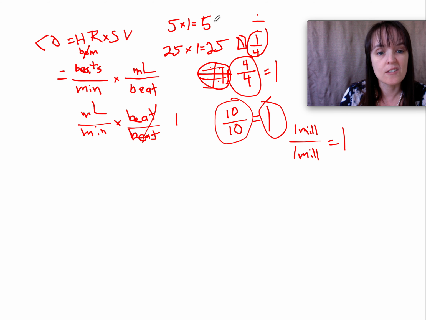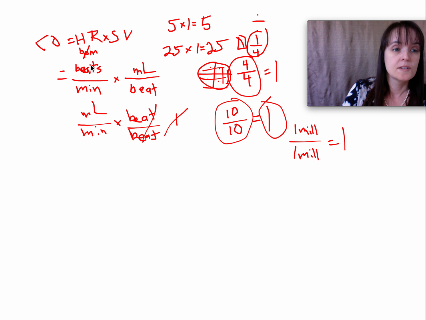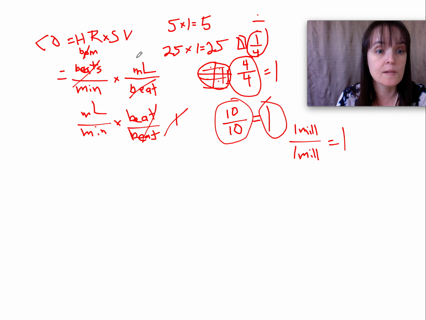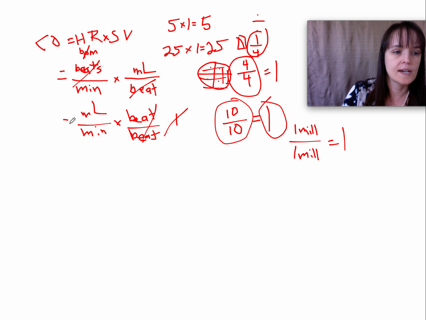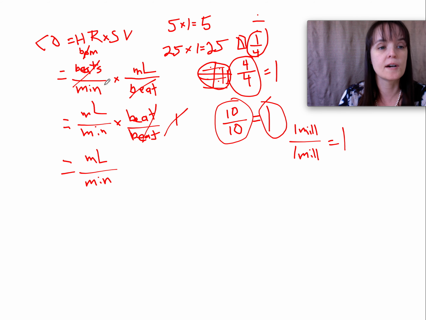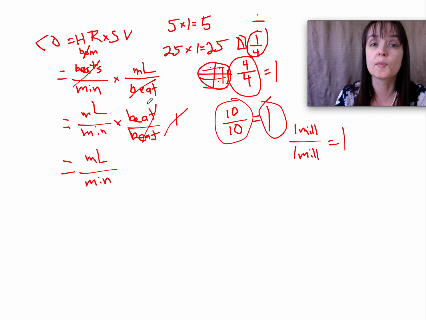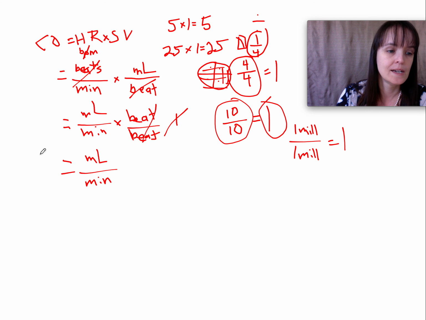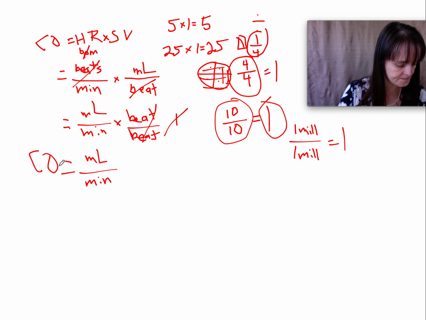Itself. So it's not necessary. We can just cancel out these beats divided by beats, and we're left with milliliters per minute. So that's why the cardiac output is reported in milliliters per minute when you start out with beats per minute times milliliter per beat. Milliliters per minute, cardiac output.